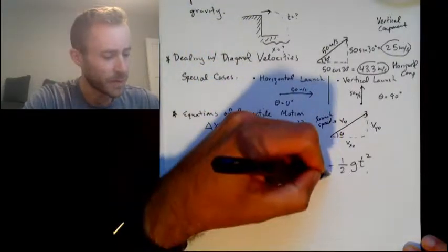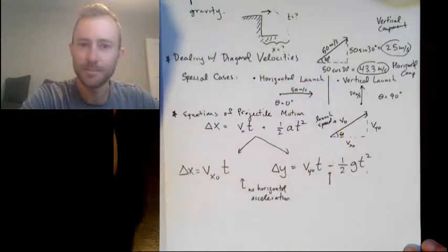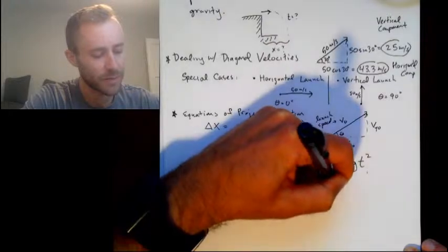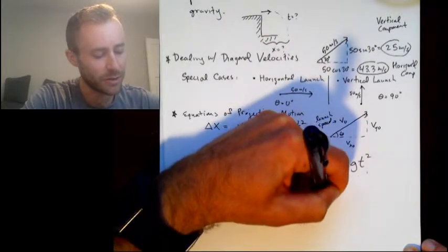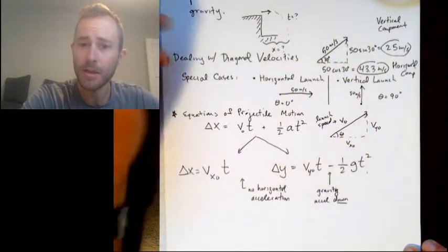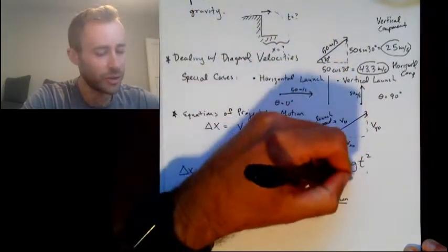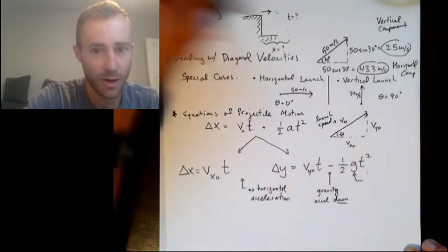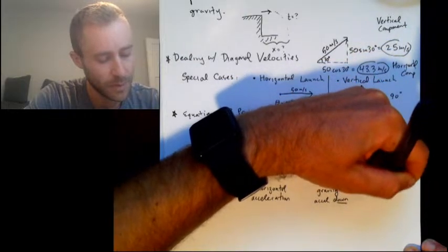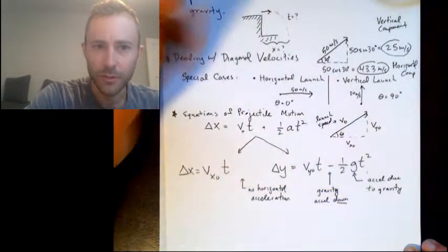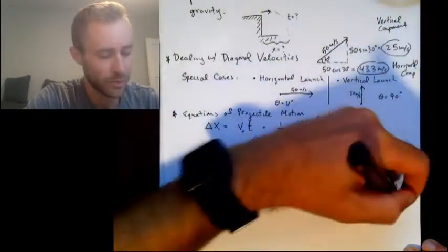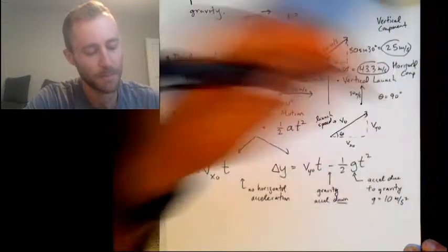And furthermore, we notice that there is a minus sign here. And the minus sign indicates that gravity accelerates things downwards. Okay? And then, of course, I have g, which stands for the acceleration due to gravity. Which, if we were on Earth, this would be 9.8 meters per second squared, which we round to 10 meters per second squared.